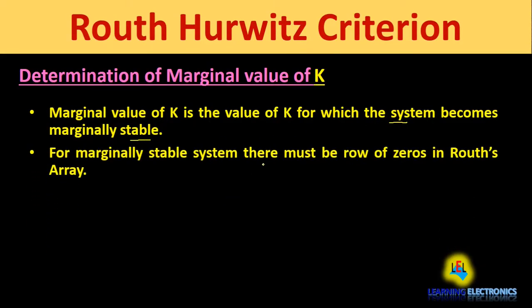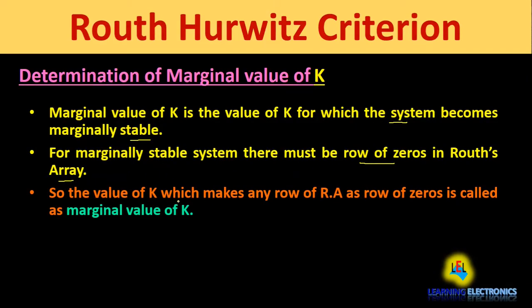So for marginally stable system, there must be a row of zeros in the Routh's array. So the value of K which makes any row of Routh array a row of zeros is called the marginal value of K. And we can see in the Routh array that K is equal to 0 also makes the row of s to the power 0 a row of zeros.